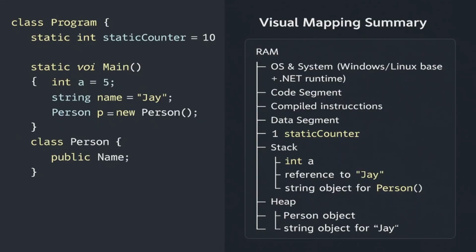In this example, a is a local variable, so a goes into the stack. Name is a string, which is a reference type. So the actual data, which is j, will go inside the heap. But the pointer, the reference, will go to the stack.